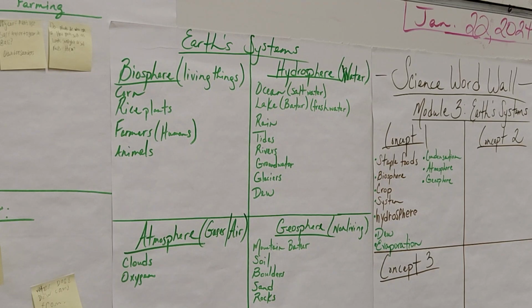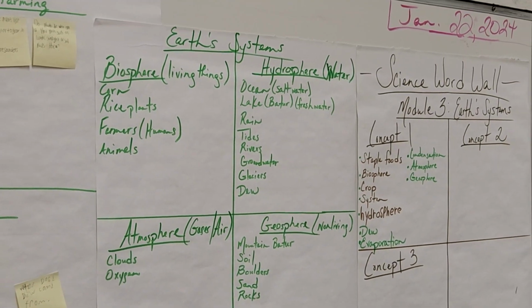Now we tested today on concept 1, which covered Earth systems. As we move through the systems, I just jotted down some examples of things where they would fit in the different systems. It helps them memorize some things and helps with retaining the information, I find, and also for test purposes.